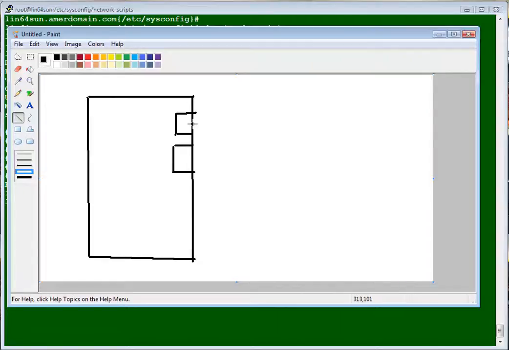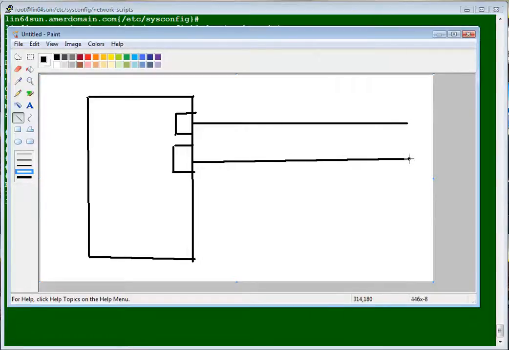To the two network cards I have network cables. I have another network cable coming from the internet or from my other network or router. Let's say this is a router, and it's coming from the router.